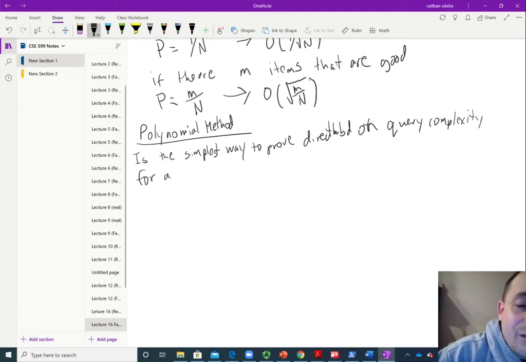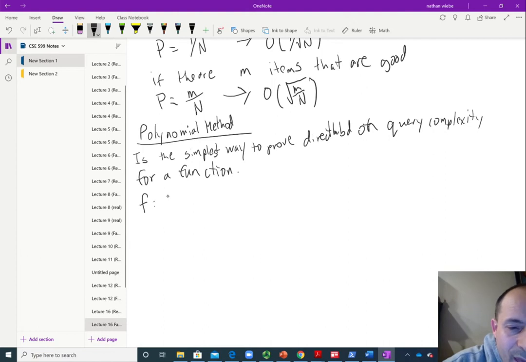for a function. In particular, just to be very clear, let's consider a function that maps the following spaces: {0,1}^n to a bit value, just 0 and 1. These are the types of functions that we're considering.